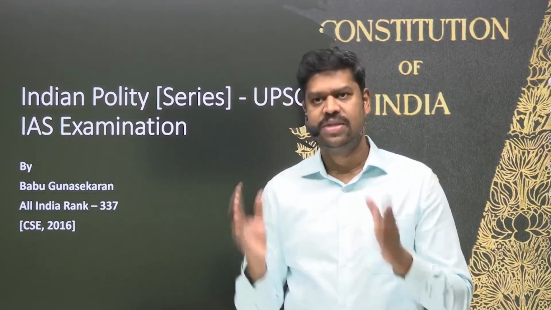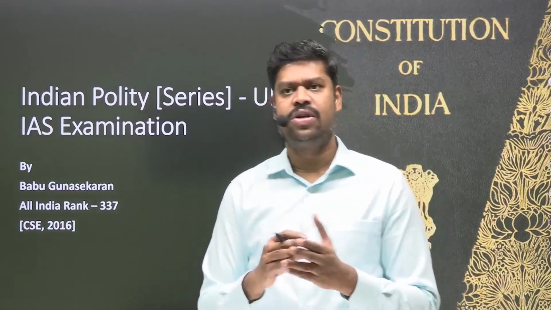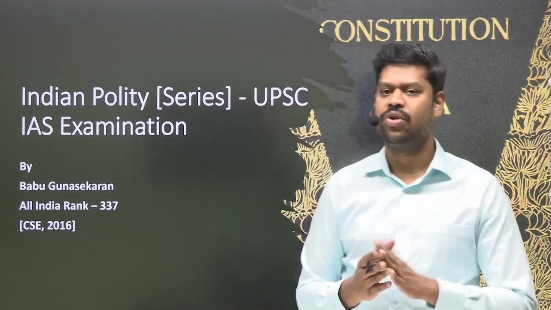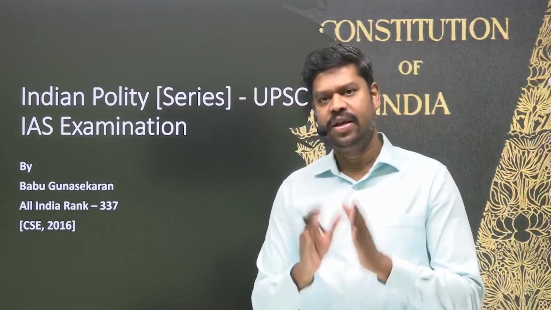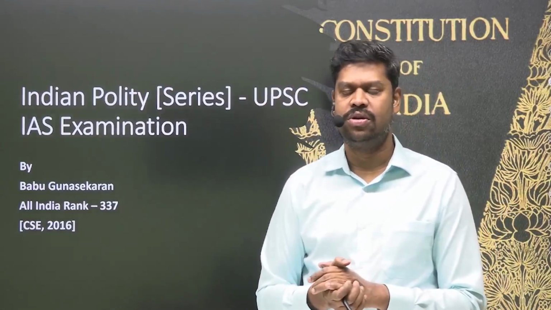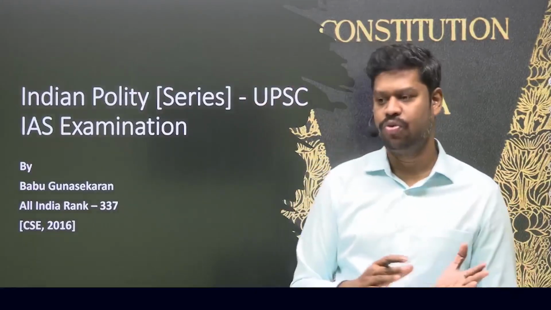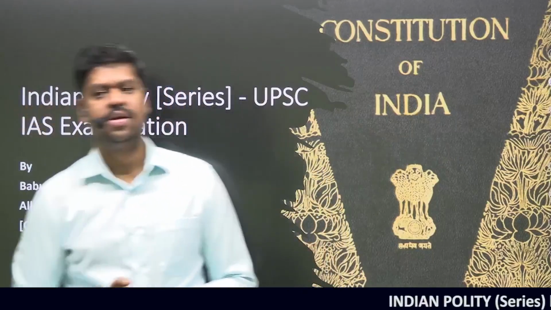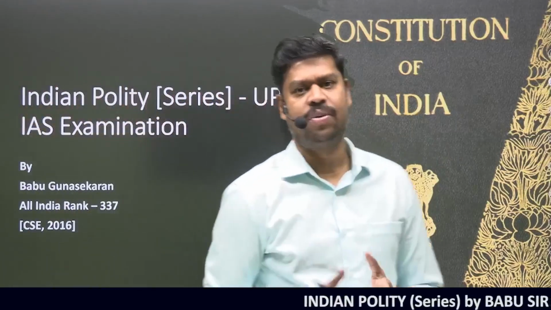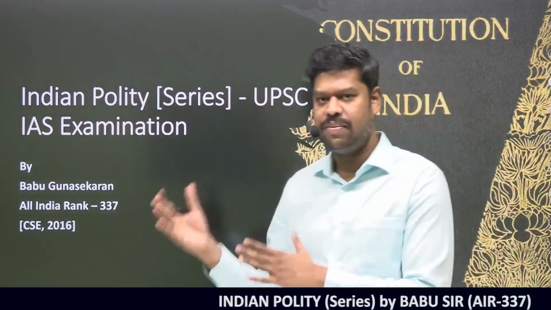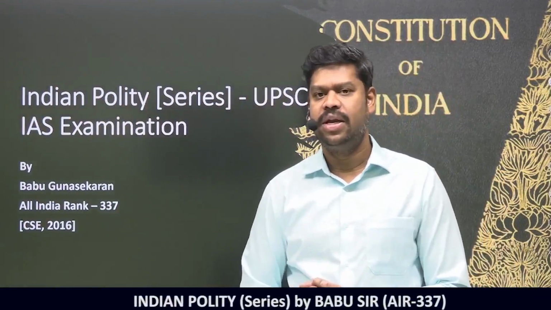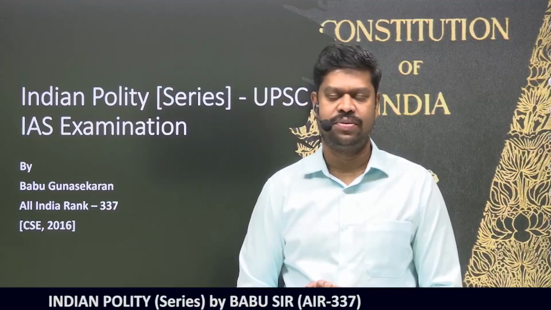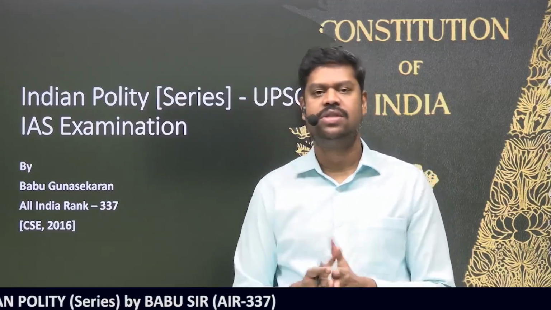And then we also understood the topic of historical background: what happened during the company rule, subsequently what happened during the crown rule, the major developments over a period of time, and ultimately India became independent by the Indian Independence Act 1947. So we have understood all these things earlier.